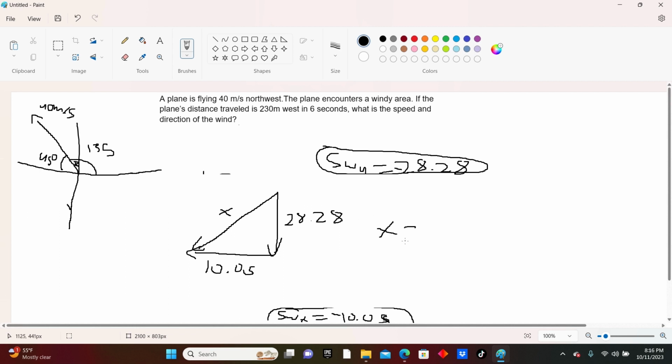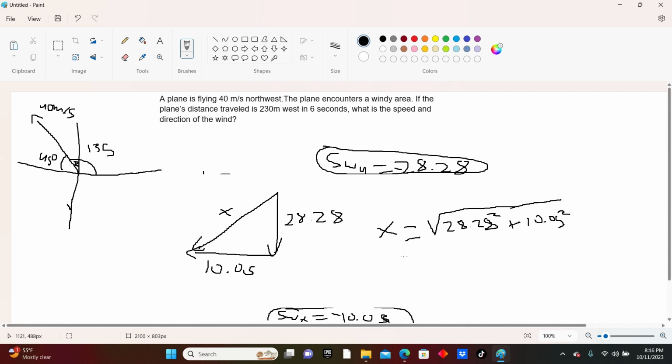Now we just have to find this length here, and I'll just call this length x. So x equals the square root of 28.28 squared plus 10.05 squared. I'm showing these values as positive because when you square them, they end up positive anyway.